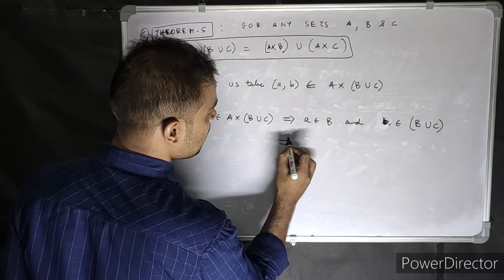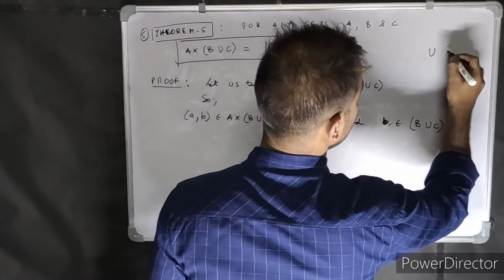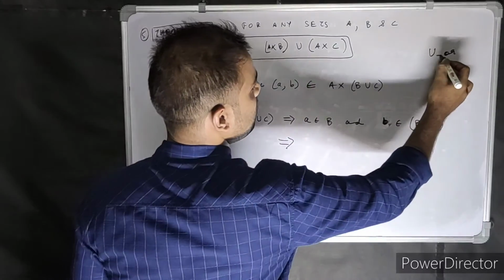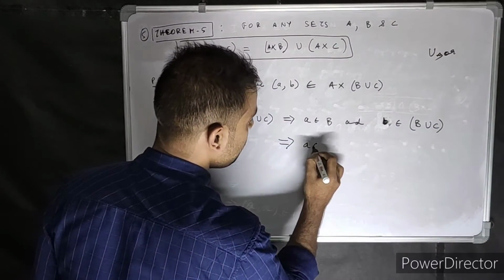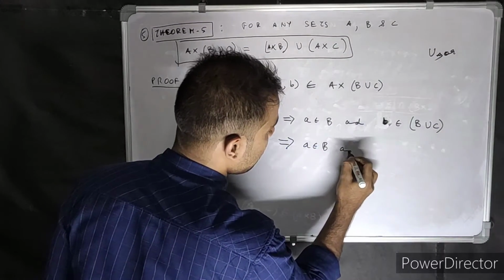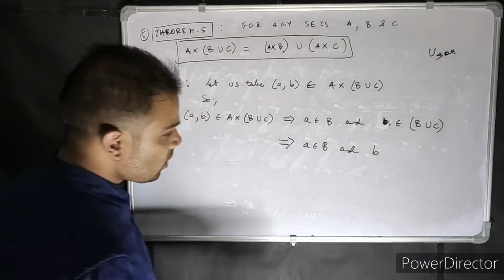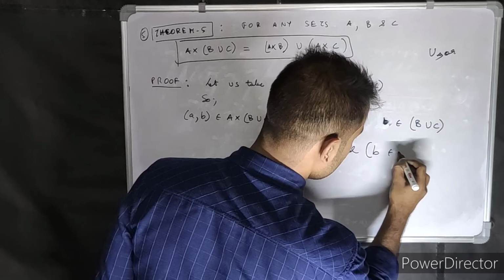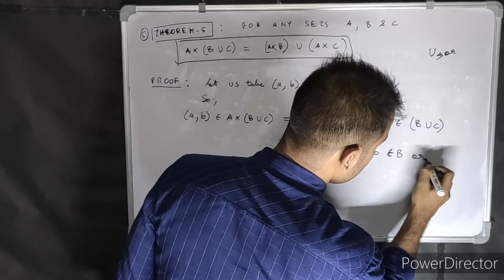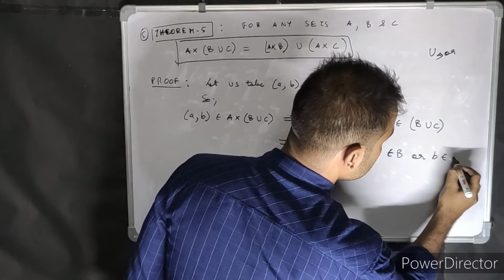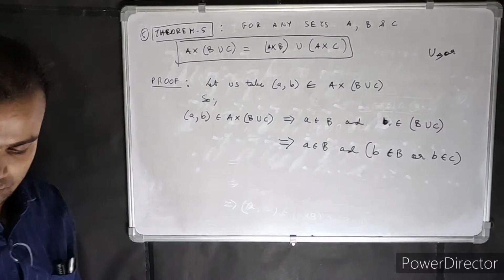So this, I told you, union means OR. Okay, union means OR. So a belongs to A and b belongs to B, or b belongs to C. Understood?